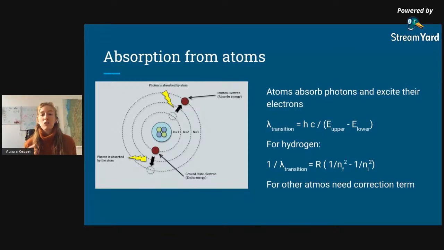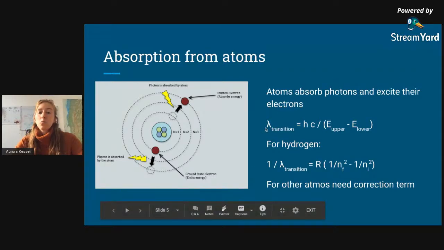But basically, you can picture an atom with different energy levels, and the electrons sit at different energy levels. And if an electron is at a lower energy level, it can absorb a photon and be excited to a higher energy level. And the wavelength of the transition is very particular.